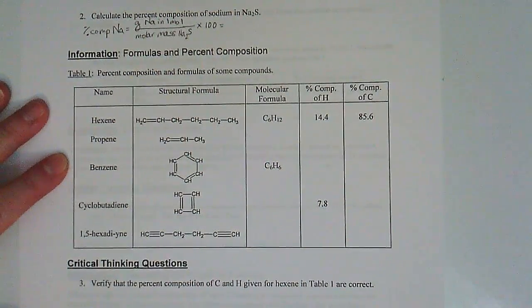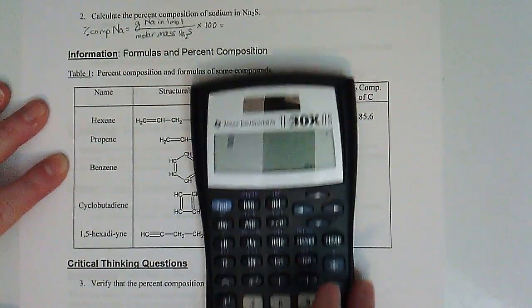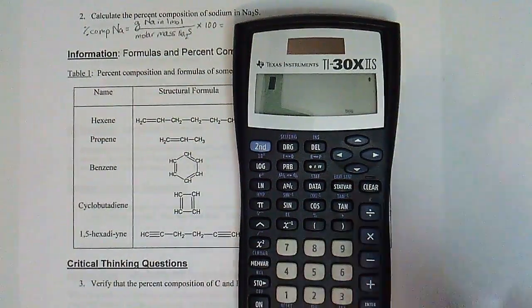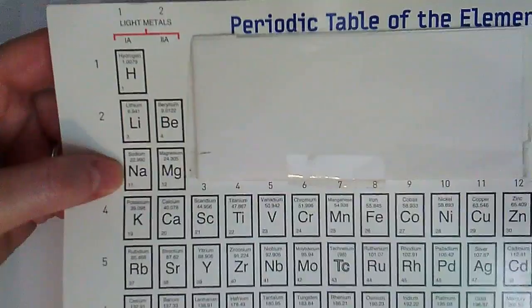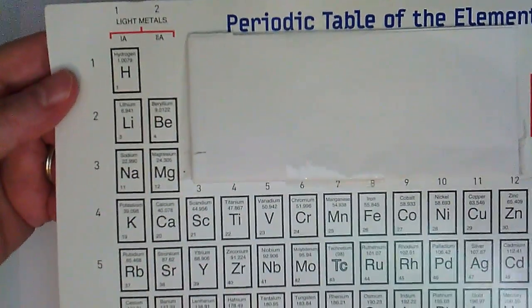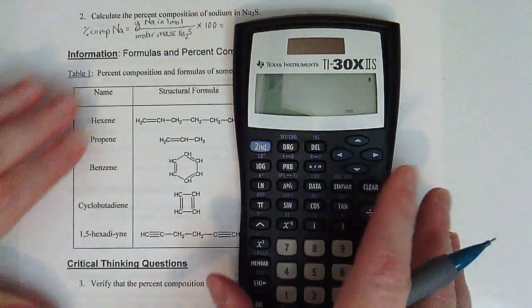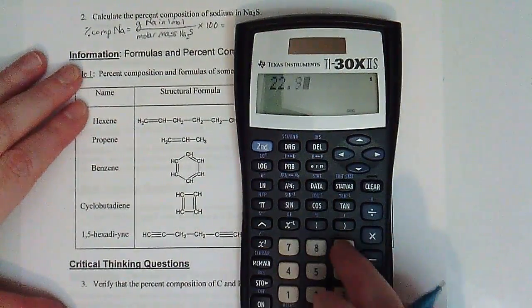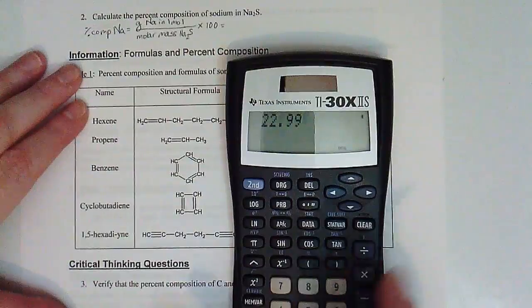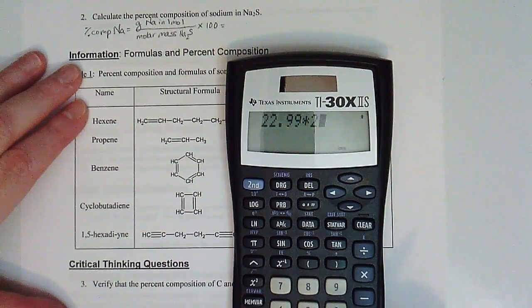So there's my equation. Now again, I need to figure this out. For sodium, when I look at my periodic table, sodium's over here, 22.990. Okay, so I'm going to use 22.99, and there are 2 of them, so I need to multiply that by 2.